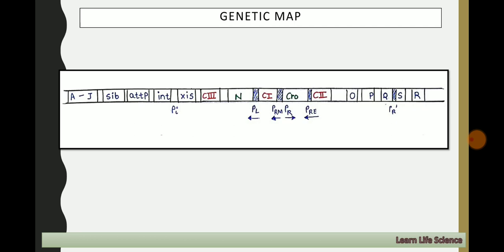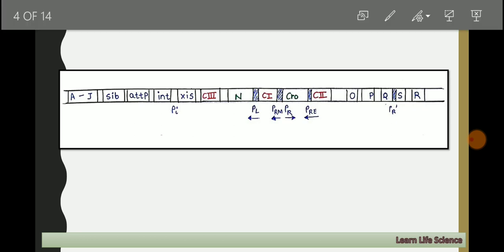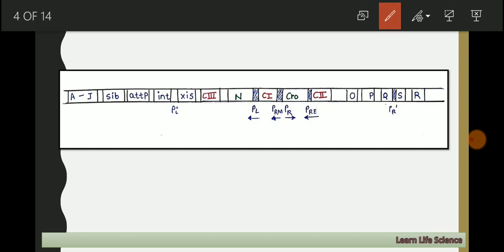Now this is a diagrammatic representation of the genetic map of lambda bacteriophage. Okay, so what we have discussed about the early genes, it involves N gene and CRO gene.